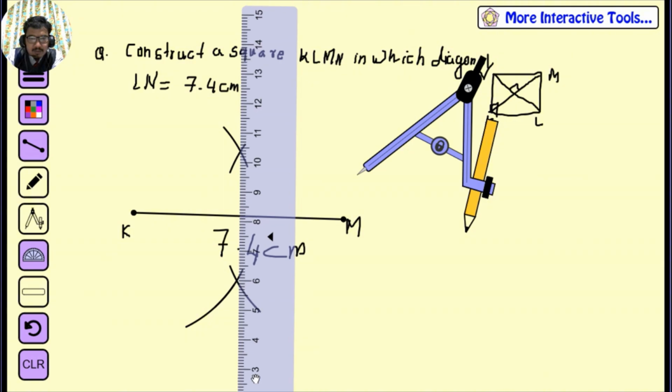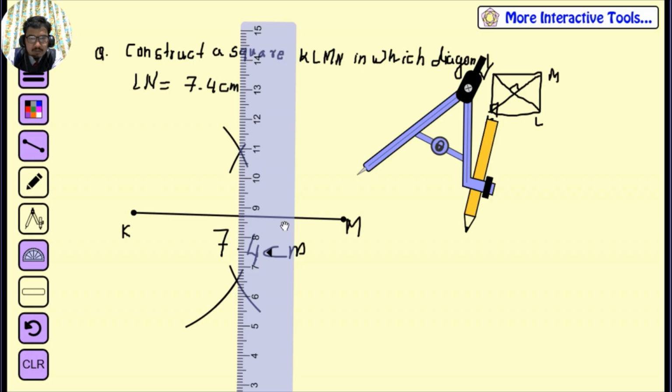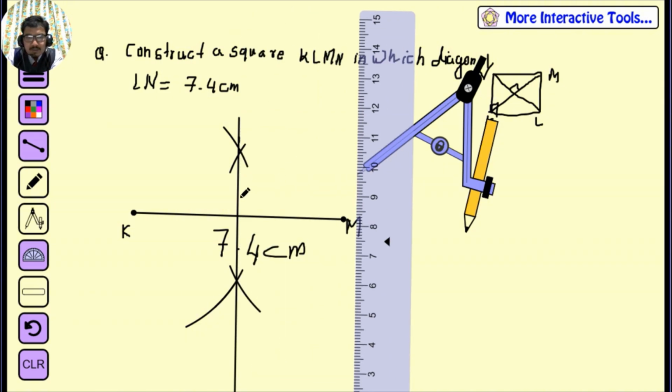That's why put the ruler straight here like this, and join like this. Like this we bisect the diagonals, and here also 90 degrees came.